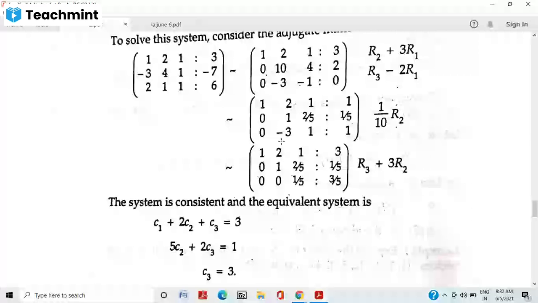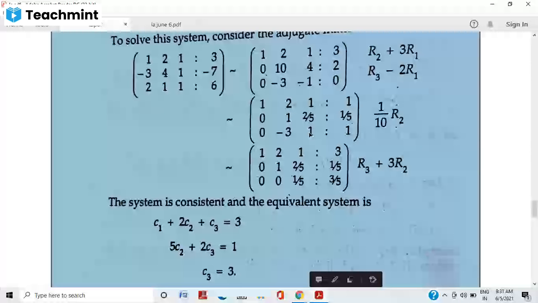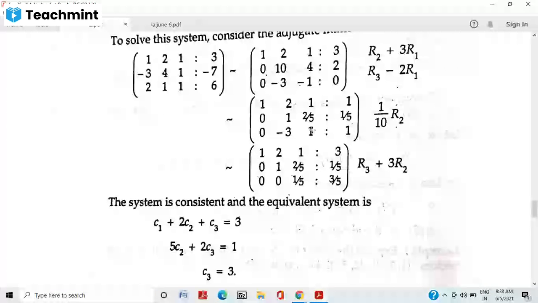The answer is correct, 1 by 5, 3 by 5. Only here the mistake was made. Here it is minus 1 only. See here, this element 1 should be minus 1 only. Here it should be minus 1. Here it is 0. Then it is correct. Then 0 means what do we get? 0 plus 3 by 5, 3 by 5. Then here it is minus 1. Then minus 1 plus 6 by 5 is 1 by 5. This step only is wrong.